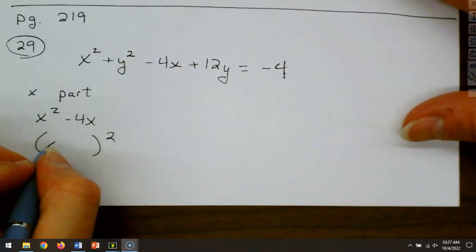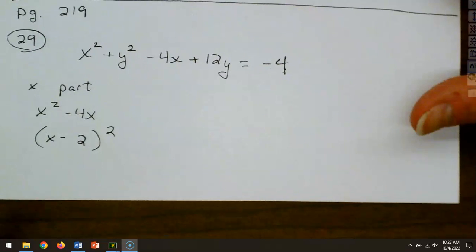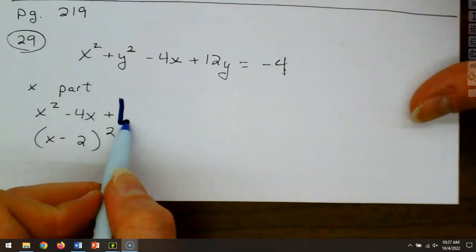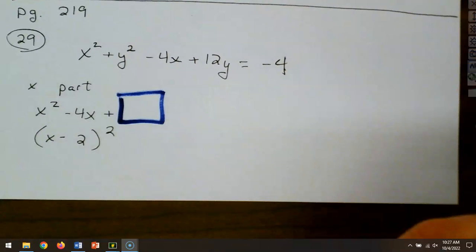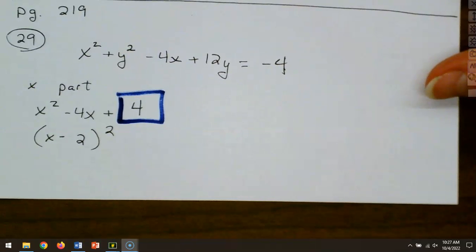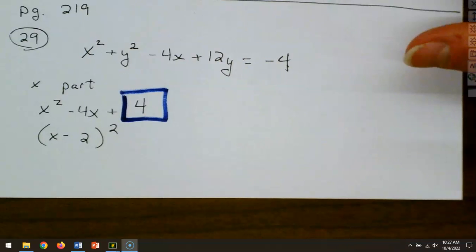That would be an x minus what? 2. Okay? Now, make sure you keep track of what you have to add in. What did we have to add in to make it factor? 4. So put a box around it and keep track of that 4, because 2 squared is 4. Very, very important, because we are going to need this here in a moment.